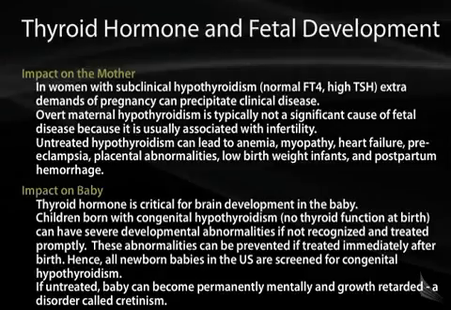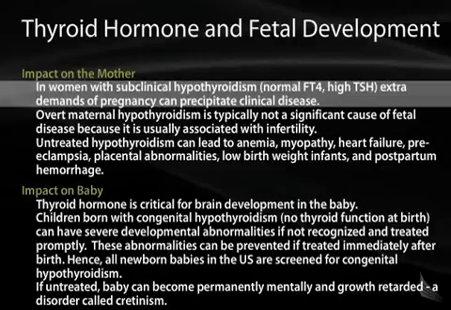So again, because of the fact that in pregnancy there is an increased demand for iodine, it's really important to make sure that we screen for women who have subclinical hypothyroidism. Because in women with subclinical hypothyroidism, meaning they don't have clinical symptoms and they have a normal free T4, but they have a slightly high TSH, the extra demands of pregnancy in this situation can actually precipitate clinical disease.